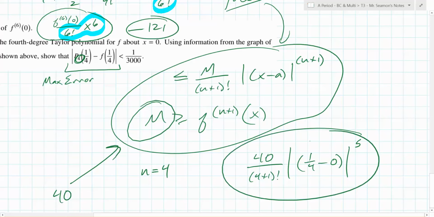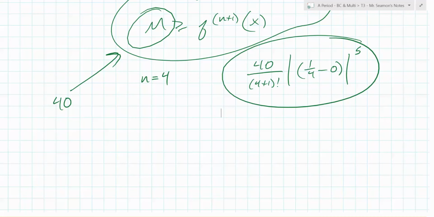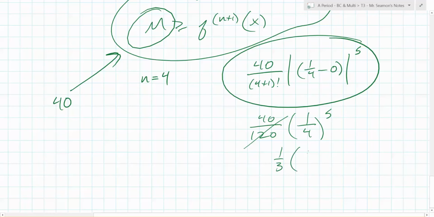So then you take this, and this is not a calculator question, so you need to simplify it by hand, which you totally can do. You have 40 over 120 times 1/4 to the 5th. What's 40 over 120? 1/3 times 1 over what? What's 4 to the 5th?